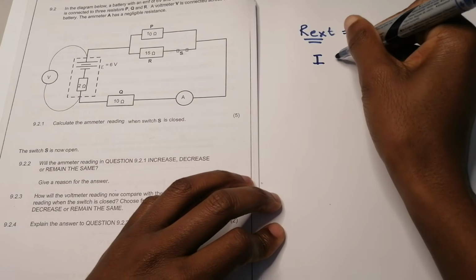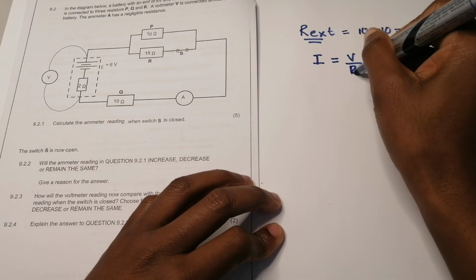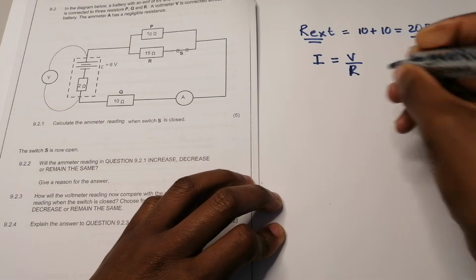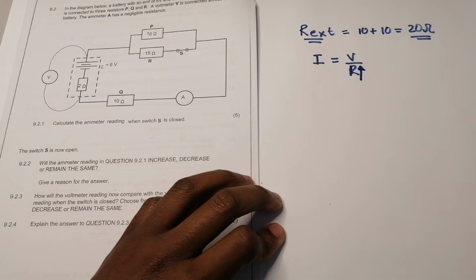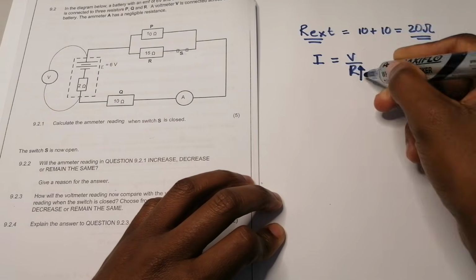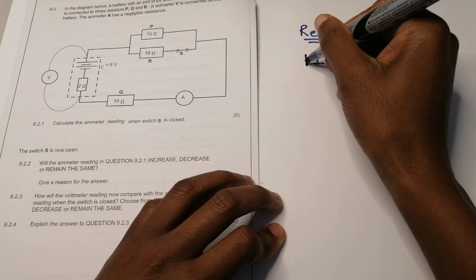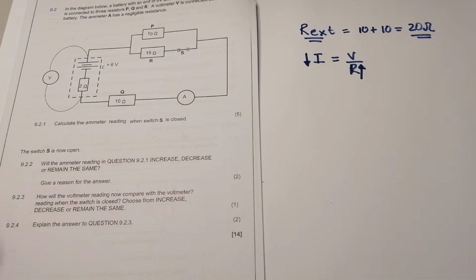According to Ohm's law, current is directly proportional to the potential difference, provided that temperature remains constant. So the moment that R external increases, look at that. What's the relationship between current and R external? It means that my current will simply decrease. They are inversely proportional to each other.